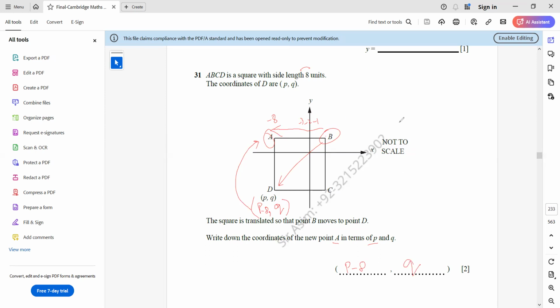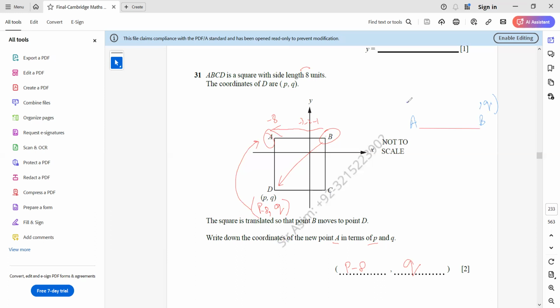I'm going to repeat it. If you just compare the heights of B and A, whatever the height was for B, A has got the same height. So the height of B was Q, its Y coordinate.